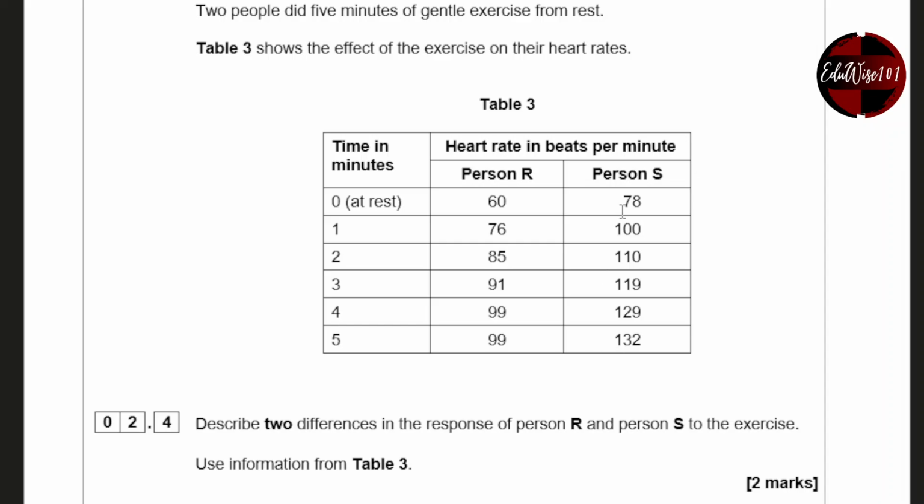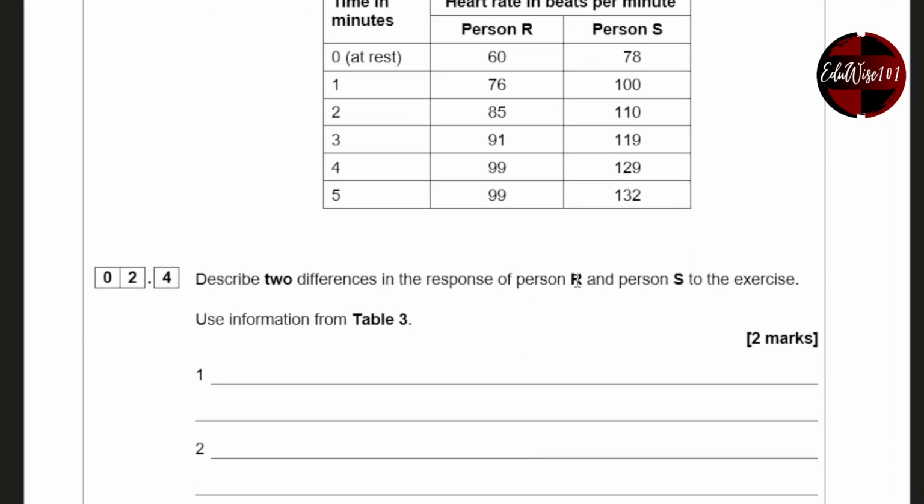Okay. Describe two differences in the response of person R and person S to the exercise. So person R, after 5 minutes, increased from 66 to 99, so it increased by 49 beats per minute.